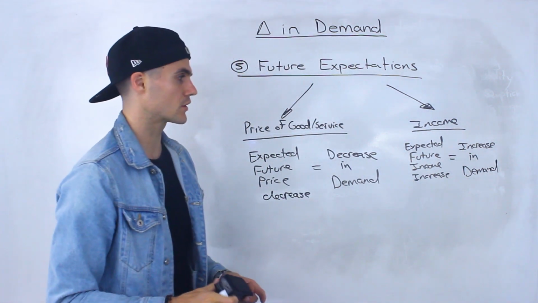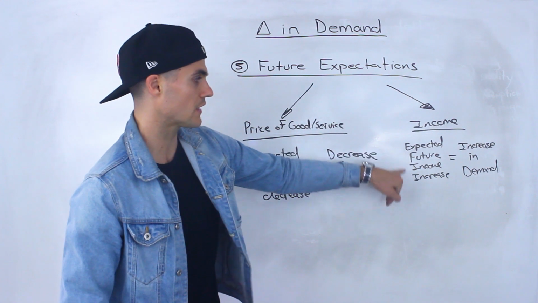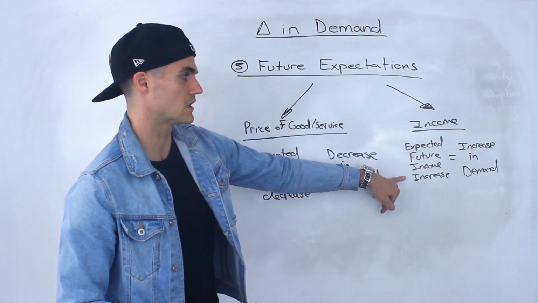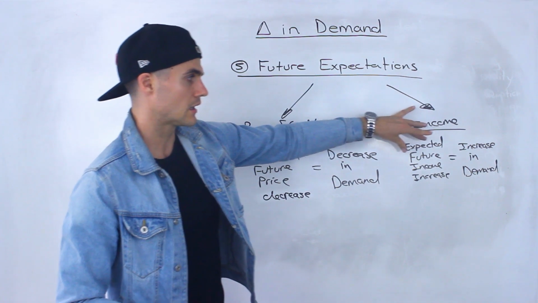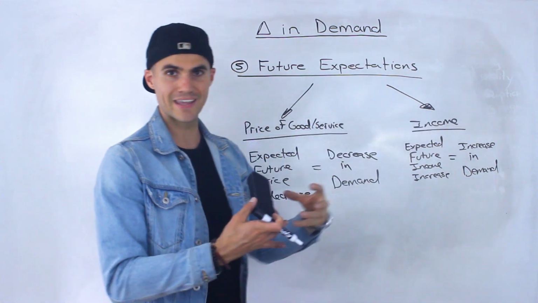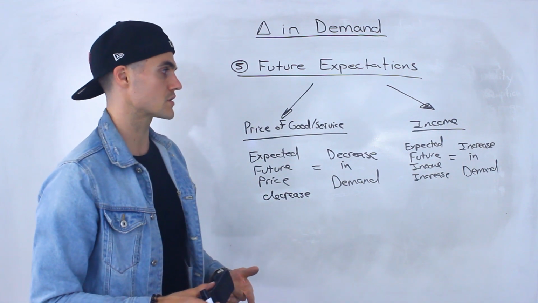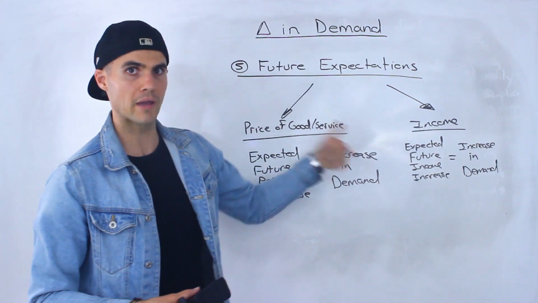Housing, another good example. If you're pretty confident that your income is increasing, then you might feel more comfortable buying a home and getting a big mortgage on it, for example, because you feel like you're going to be able to pay off that mortgage.